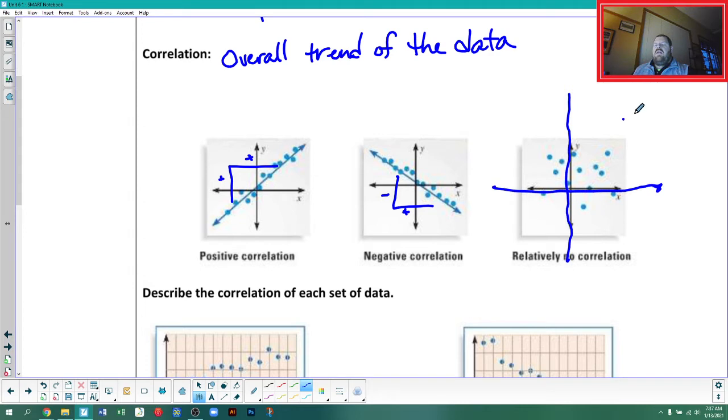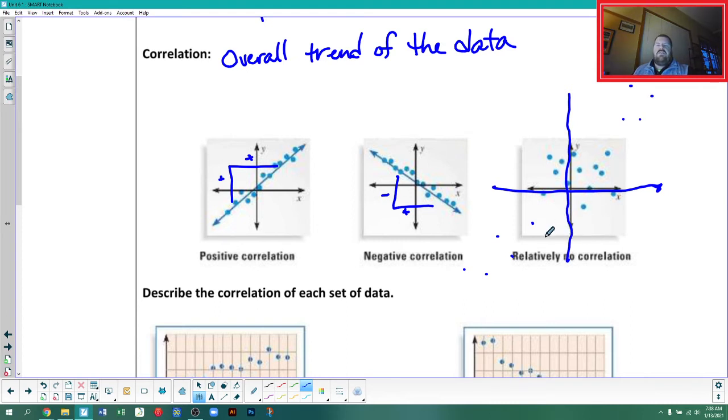I may end up seeing some sort of correlation on a grander scale, and if this was the case, I would say there was a positive correlation. But as it's presented to us, we don't really see any trend in the data.